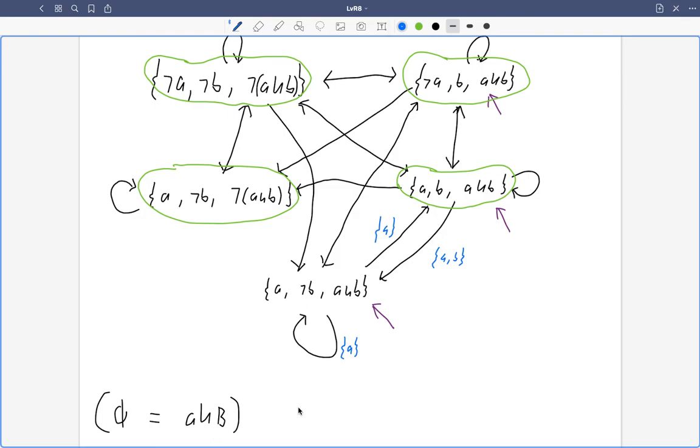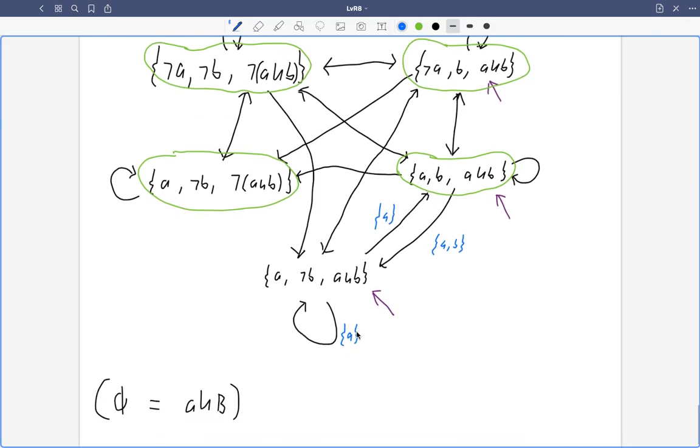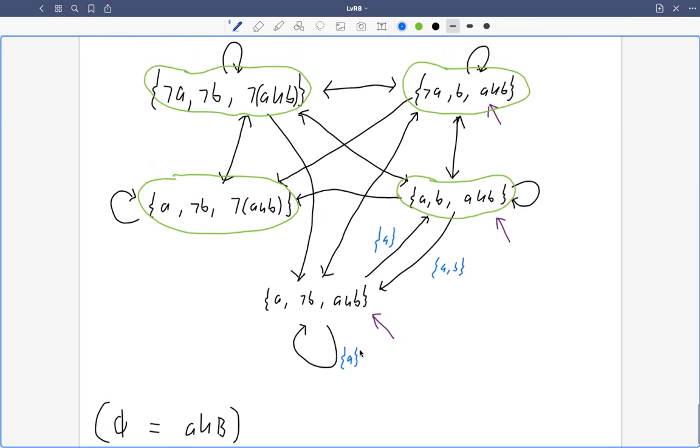We can kind of see that in this case by thinking about what it would mean for an infinite path through this not to be accepted. An infinite path through this, so a run through the automaton, will be accepted as long as it goes through some final state infinitely often.